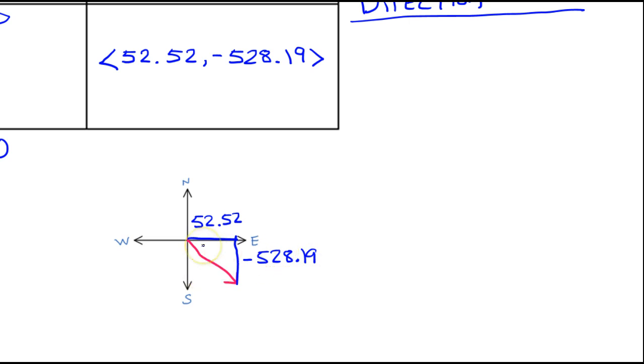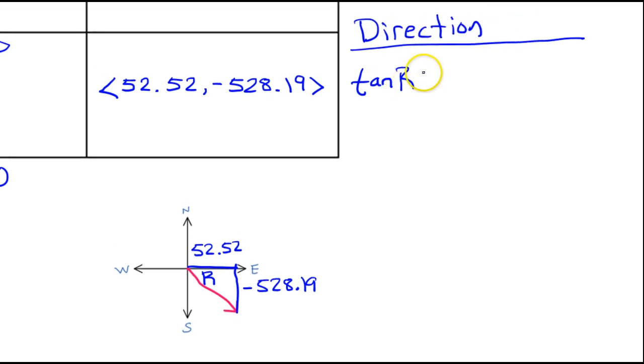We can figure out the measure of this reference angle using tangent. So we know that the tangent of the reference angle will equal negative 528.19 over 52.52.